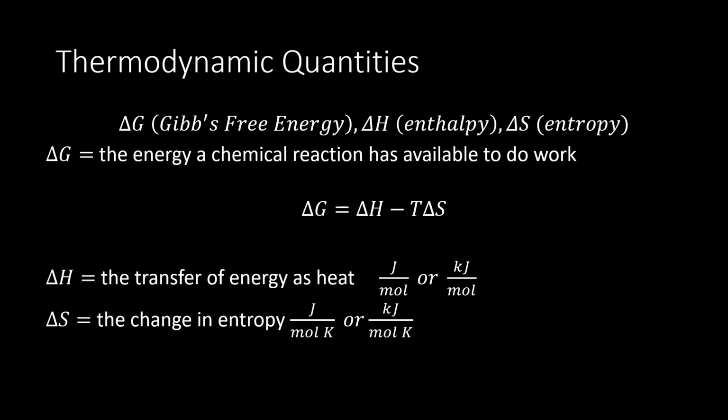Entropy is always going to be in joules per Kelvin or kilojoules per Kelvin, or if we have a molar amount, then divide those by moles. So for this reason, delta G is always going to be in joules or kilojoules or some unit of energy per mole amount. Unless in engineering, then energy per gram amount is also seen.